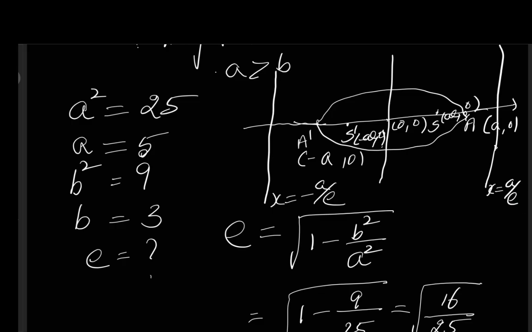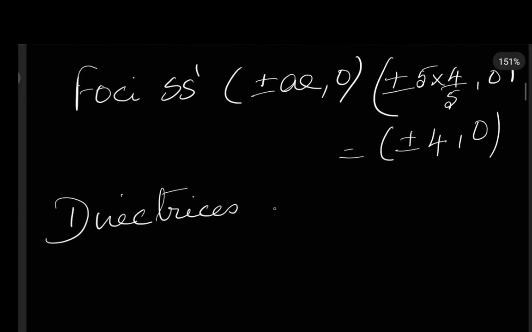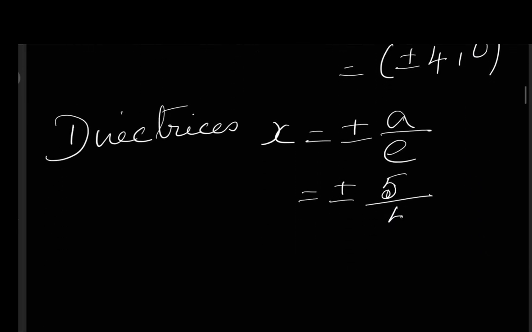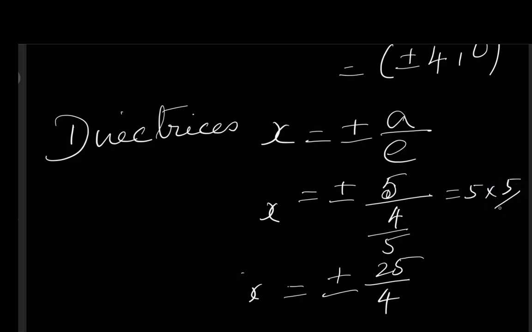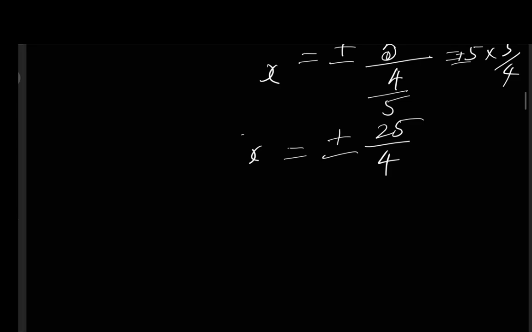So directrices is x equal to plus or minus a by e. A is 5 and what about e? E is 4 by 5. So, take this 5 to the numerator, plus or minus 5 fives are 25 by 4. So plus or minus 25 by 4. So, this is the directrices.